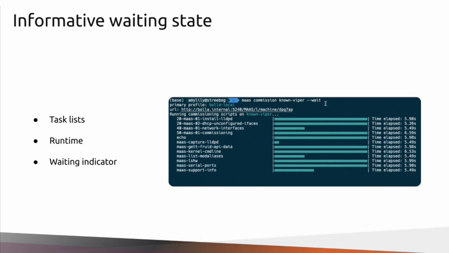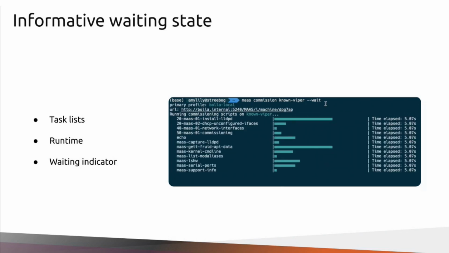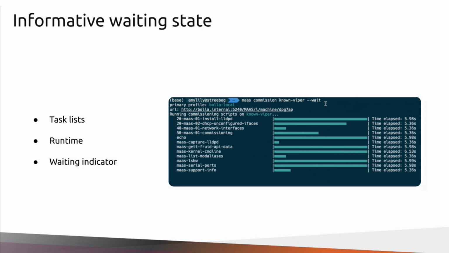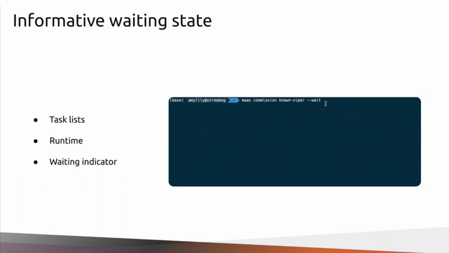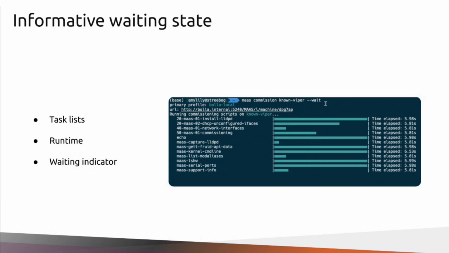So what we did here is we allow an option for people to see the process prompt. And while running this command in the waiting state, you will see the task list, the runtime, and the waiting indicator. Those are 3 things that help you understand which task went wrong and help you fix the right task.